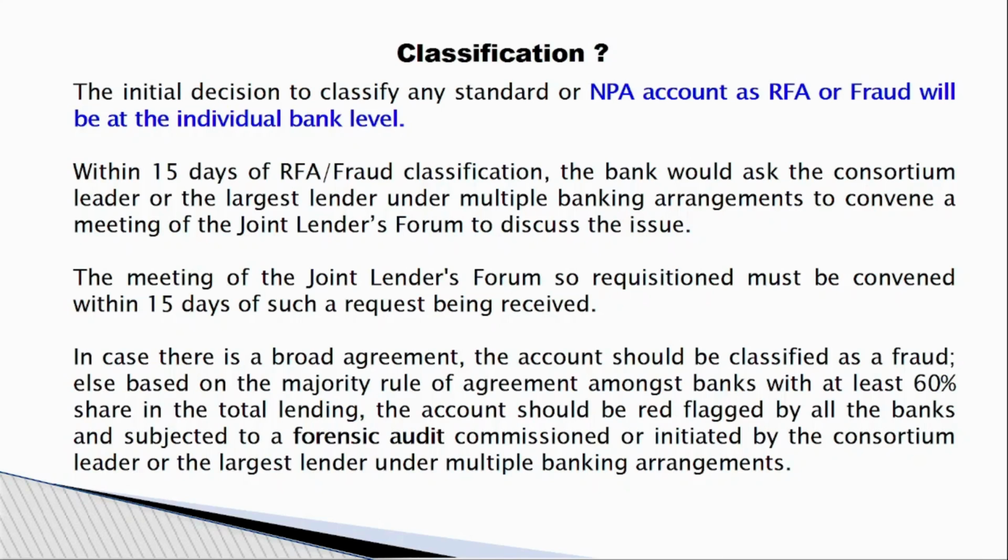All the banks have to be called, and they have to say that they found some early warning signals in this account, and that this borrower may be doing some fraudulent activity. They have to conduct a meeting of the joint lenders forum, and it should be informed. Then they will start the forensic audit.